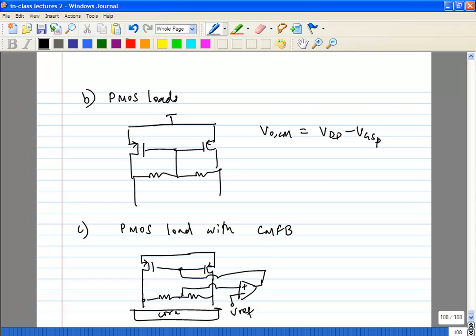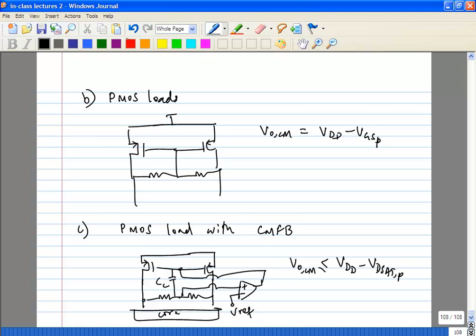Okay, so you can do some kind of common mode feedback to sense the output common mode, set it to a particular point and set the gate bias based on that, and you will definitely need some kind of compensation for this loop. Okay, so you can set your output common mode to be less than or equal to the VDSAT of the PMOSes, so you can get even better in terms of headroom.